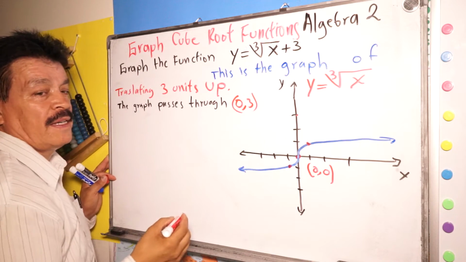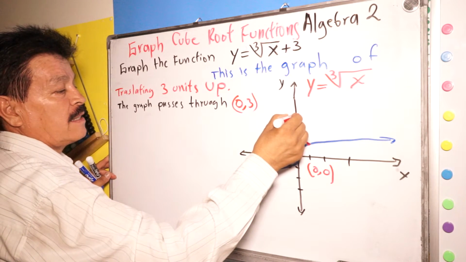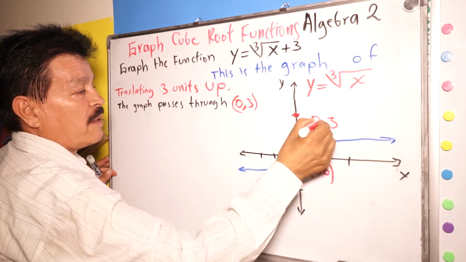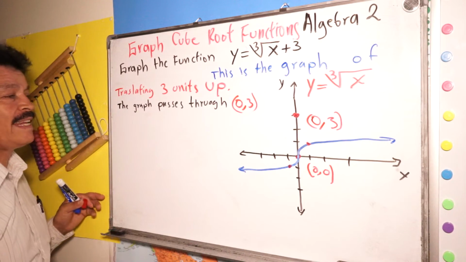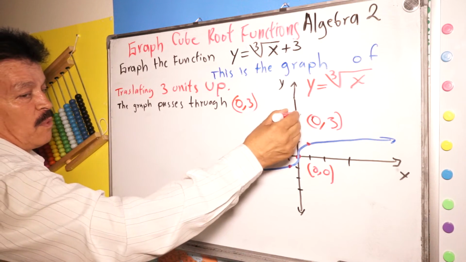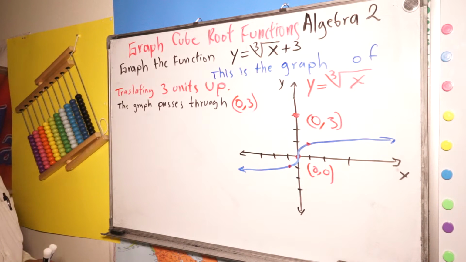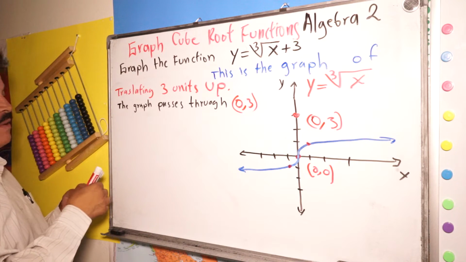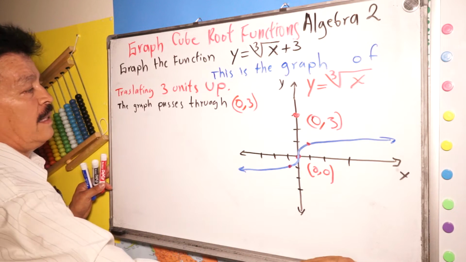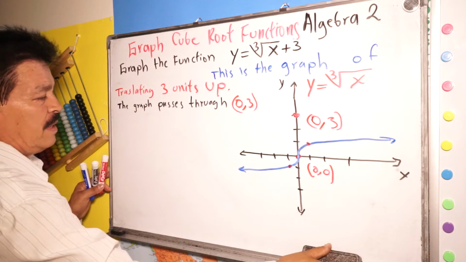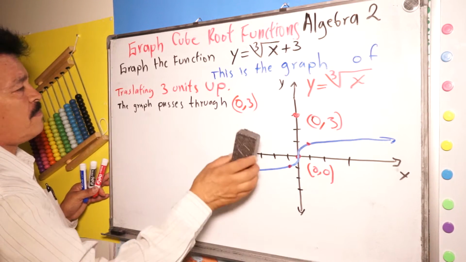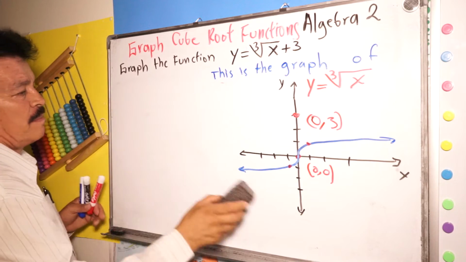So 0, 0 becomes 0, 3. Now you translated 3 units up, and now the graph passes through this point. I will keep this information. Let me erase it, I don't have space.